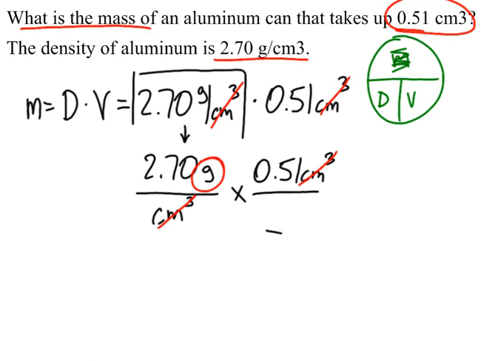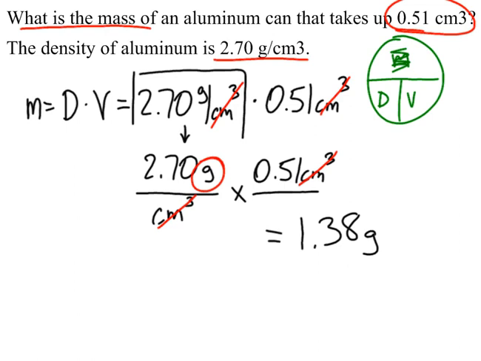So my final answer in this case is going to be a multiplication of 2.70 times 0.51. My final answer is 1.38, okay? And the answer is in grams. So what would the mass of an aluminum can be that took up 0.51 cubic centimeters?